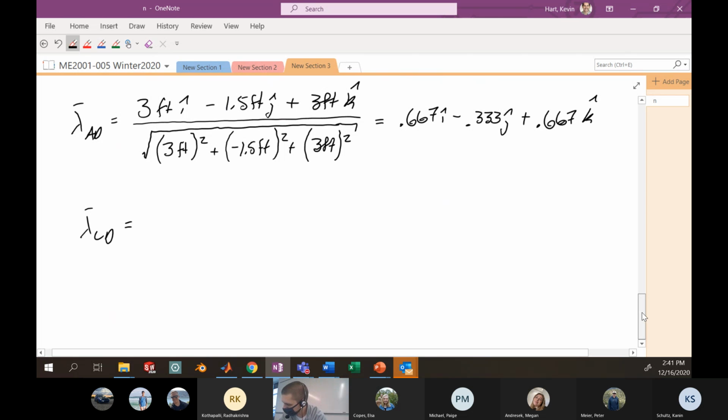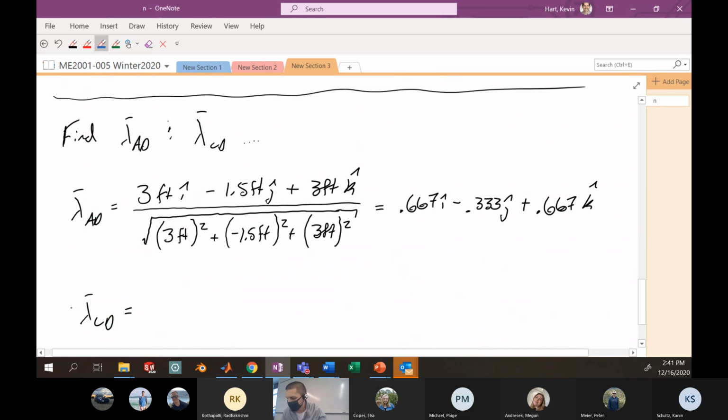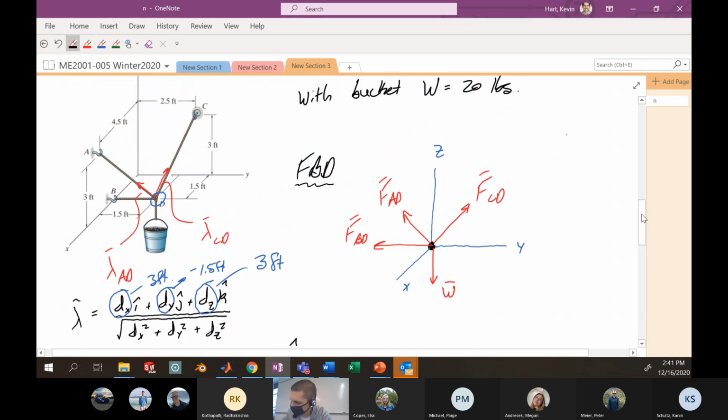C and D. To get to C from D, I'm starting at D going to C, so I'm going to have to go backwards 1.5 in the x direction. In the y direction, point C is at a location 2.5 feet, and point D is at a location 1.5 feet. So I'd take the difference of those 2 points to know how far I move in y to get to C from D. That would just be 1 foot.